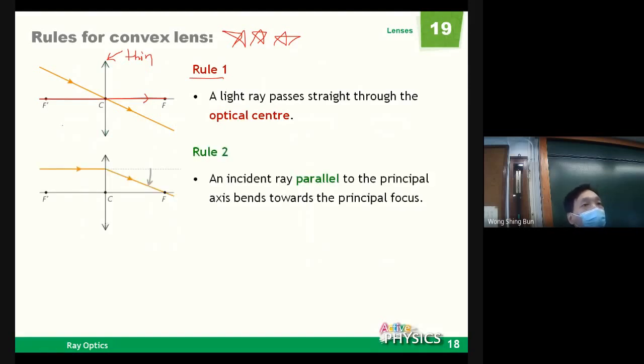Second rule, as showed you already in the video clip, if we have the parallel light ray, what will happen?